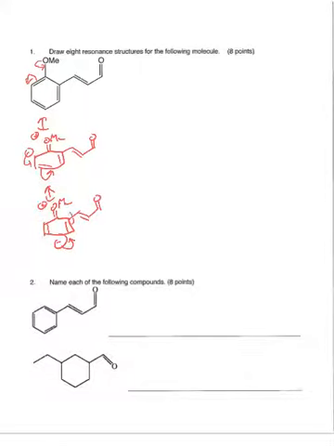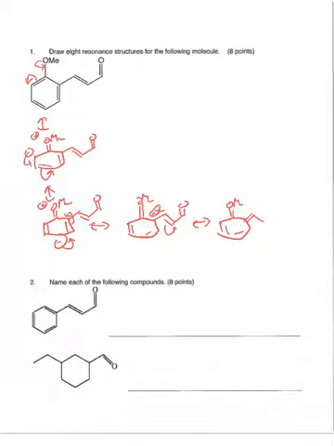Send them down, put the negative charge on the atom that has the substituent off of it. Send that down, break the double bond. And that gives us this.